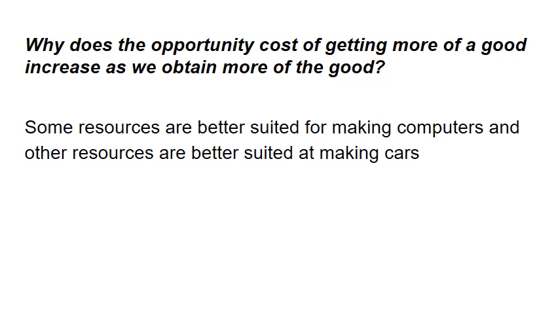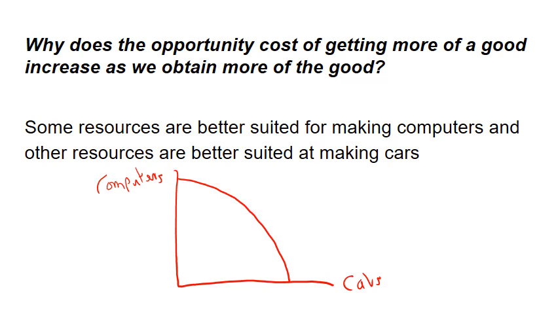Now, why does the opportunity cost of getting more of a good increase as we obtain more of the good? Our example we've been working with has measured computers on the vertical axis and cars on the horizontal axis, and it's been a curved production frontier.